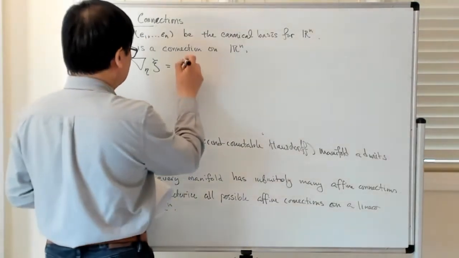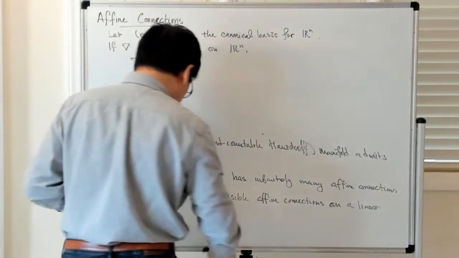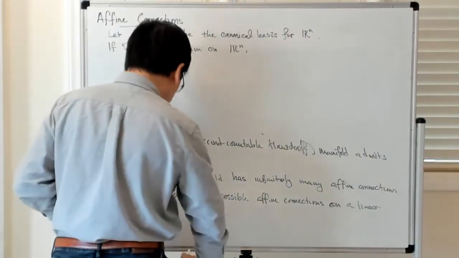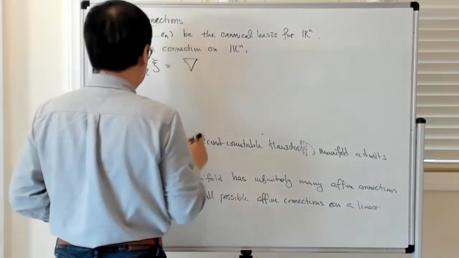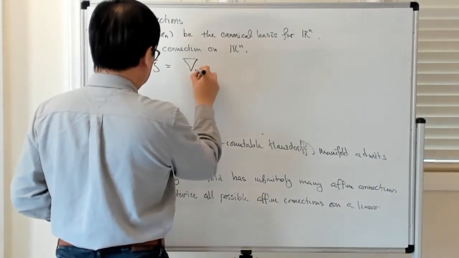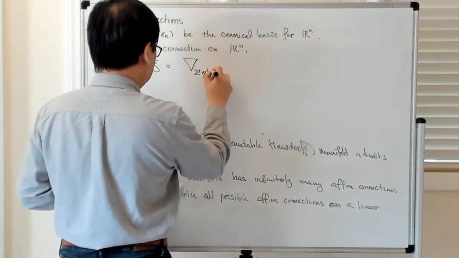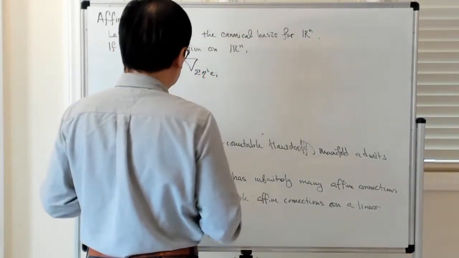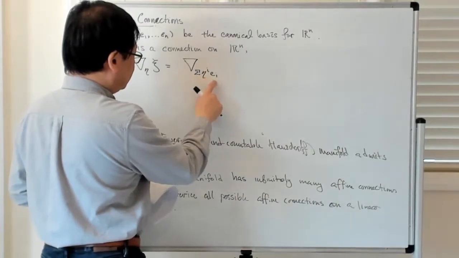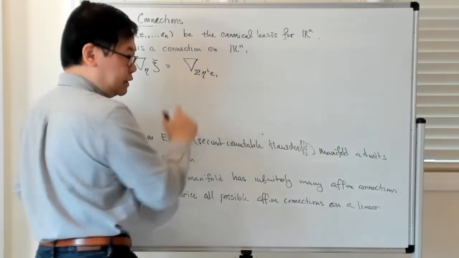So this is equal to nabla, and then there's a sum over i of eta^i e_i.